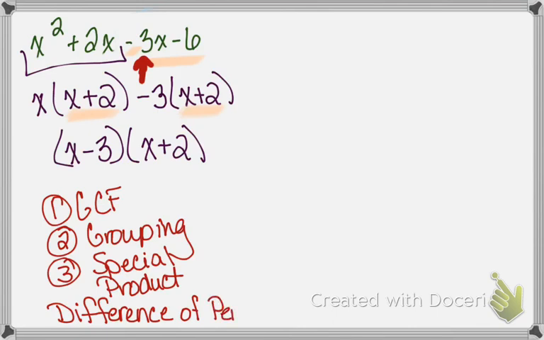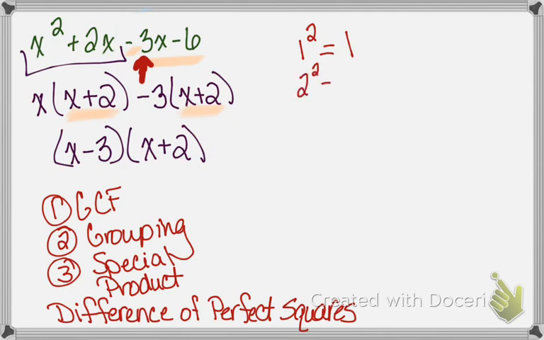So the first thing we want to do before we talk about the difference of perfect squares is we have to remind ourselves, what is a perfect square? So if I've got 1 squared, what does 1 squared equal? 1. What is 2 squared? Good. 3 squared?